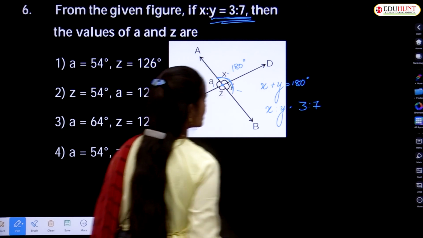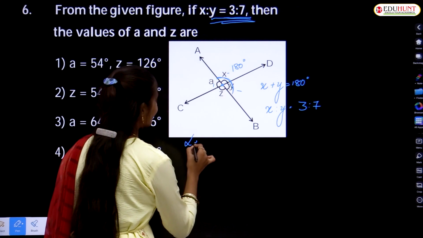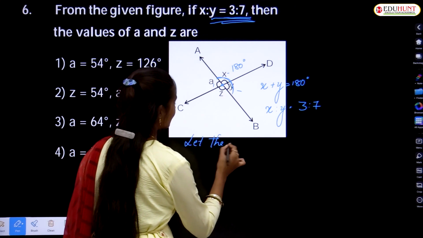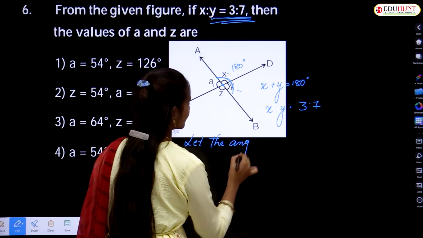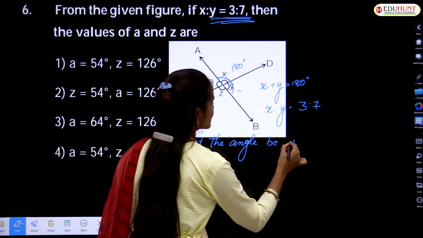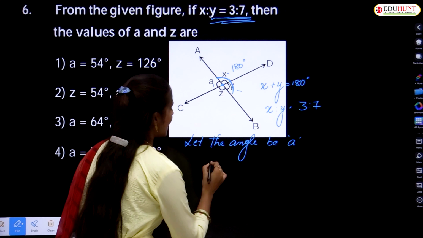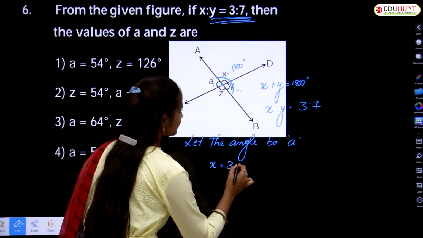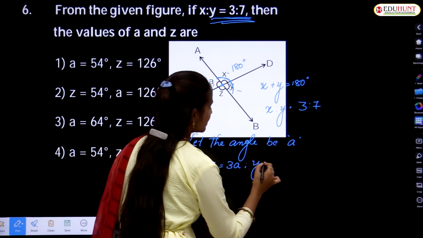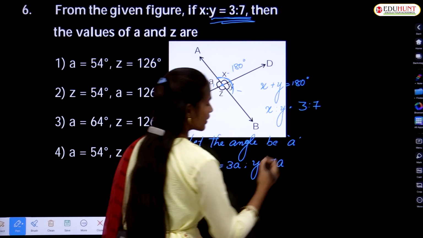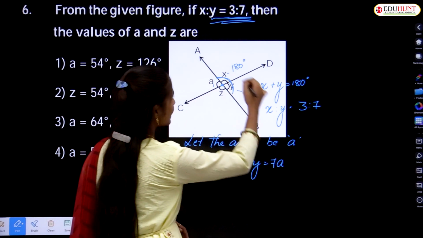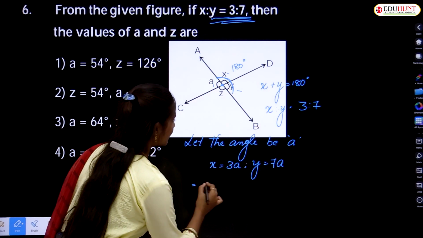Okay. Now see, let the angle be A. So x is equal to 3A, y is equal to 7A. Okay. So the sum of these two angles is equal to 180 degrees now.